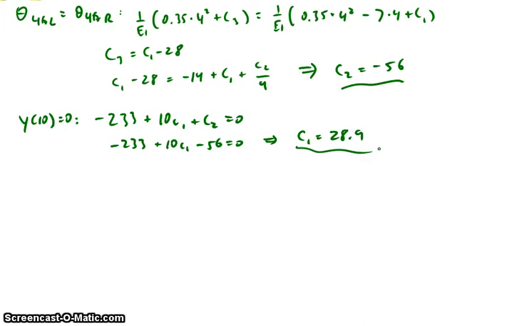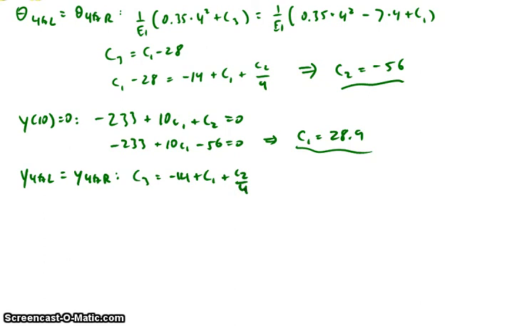One more to go. Let's go back to our continuity condition dealing with vertical displacements, where we had y at 4 feet from the left is equal to y at 4 feet from the right. We left that one off with C3 is equal to negative 14 plus C1 plus C2 over 4.